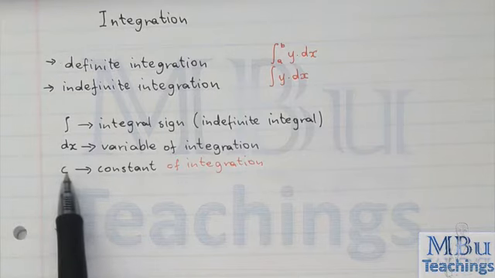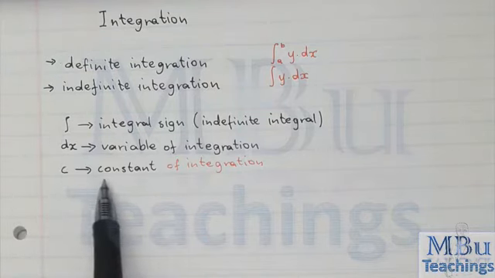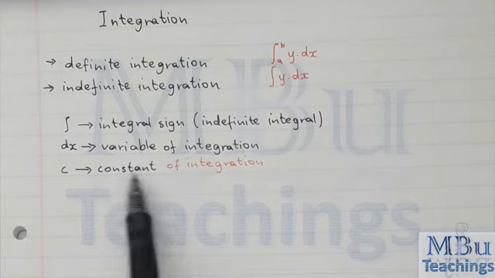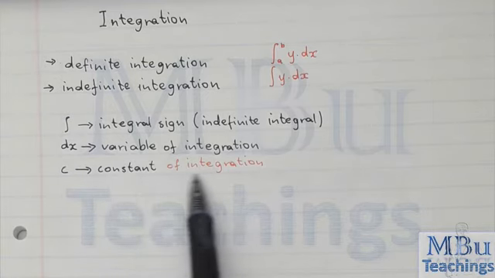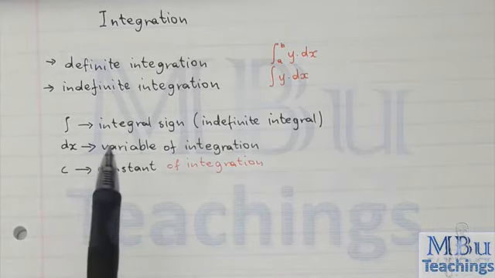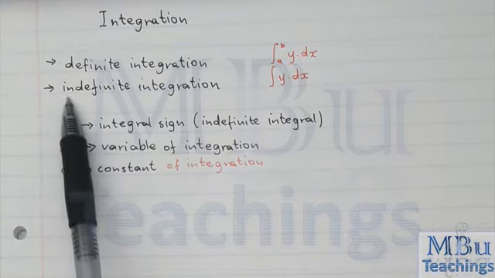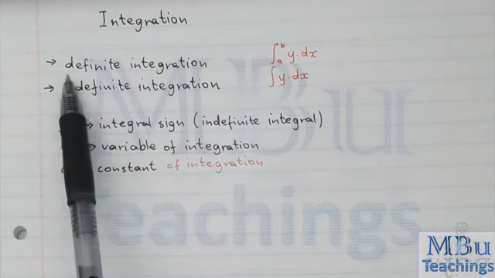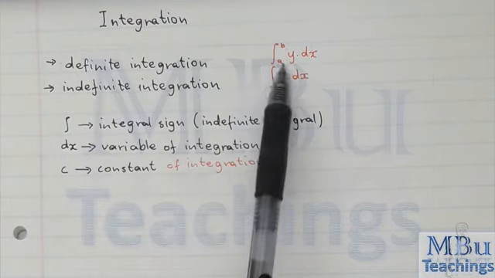Then we move to c, which is actually the constant. You can even say the constant of integration. But that c is only used in indefinite integration. When we go to definite integration, we have limits.